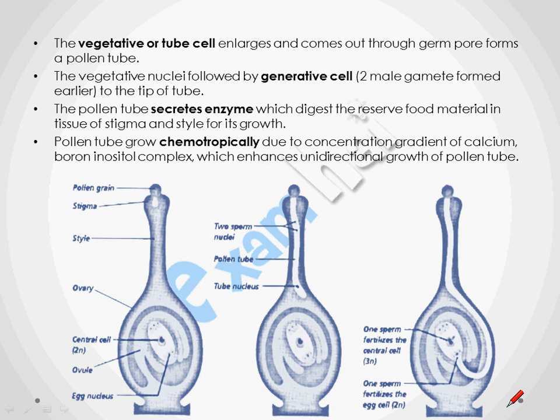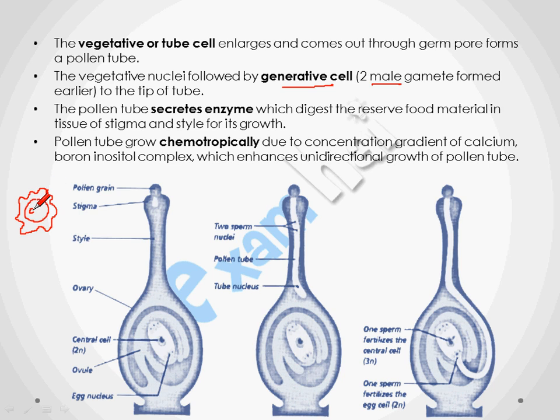As I discussed earlier, the vegetative or tube cell enlarges and comes out through the germ pore, forming a pollen tube. After the vegetative nucleus, it is followed by the generative cell, which has the two male gametes. This is the pollen grain, this is the inner layer, this is the outer layer.